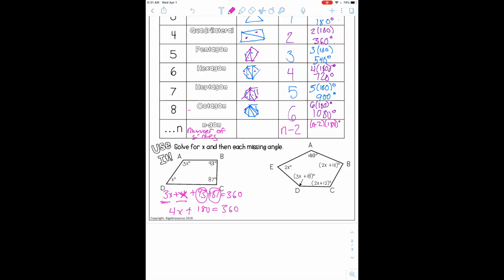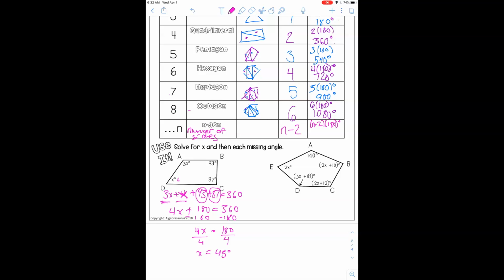So now we're going to work backwards. So we subtract 180 from each side. Half of 360 is 180. Then we have 4x. We do the opposite and divide, and 180 divided by 4 is 45 degrees.